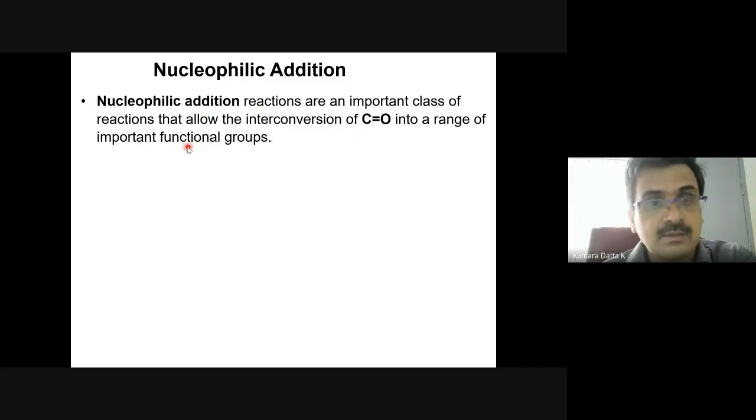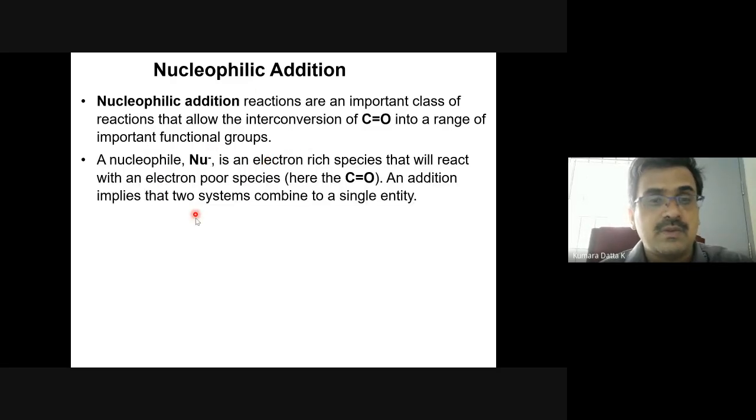These reactions are also an important class of reactions, where you typically have carbonyl groups, and you want to add one compound here, one compound here, towards the creation of functional groups.